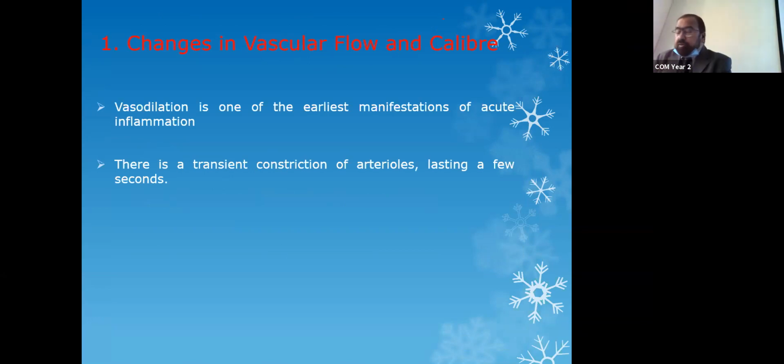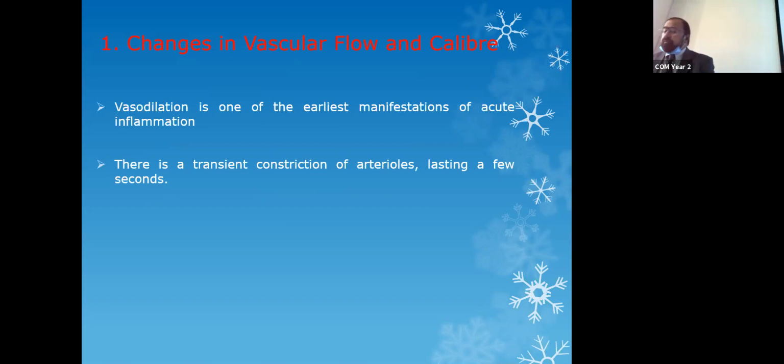There will be dilatation of the blood vessels, and before dilatation, there will be transient vasoconstriction. Once the chemical mediator strikes the blood vessel wall, it will constrict for 1 or 2 seconds and then dilate, right? So it will change the whole caliber and the axial flow.